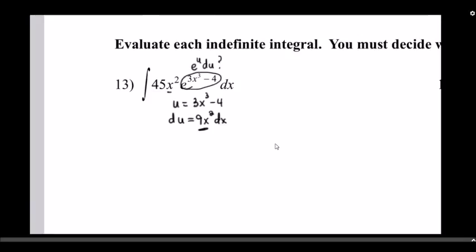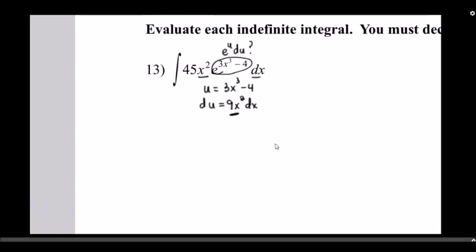We've got the x squared and the dx, but we're supposed to have a 9 instead of that 45. But luckily 45 is a multiple of 9, so we can pull out a 5 and call it 9x squared. And then we'll be able to write this as 5, and then this just gets replaced with e to the u, and then the 9x squared dx gets replaced with du.